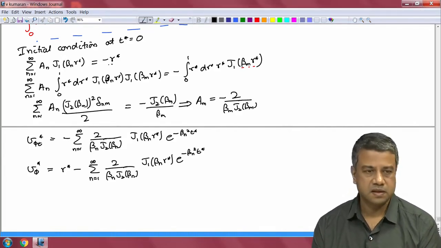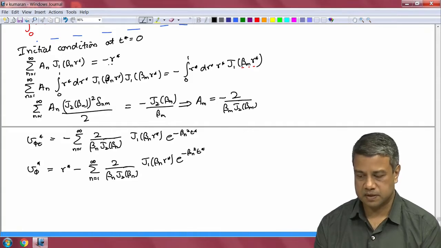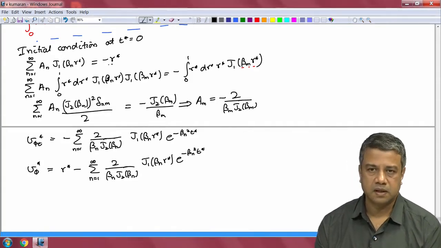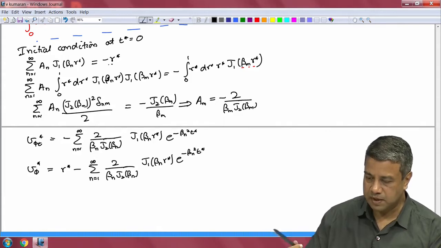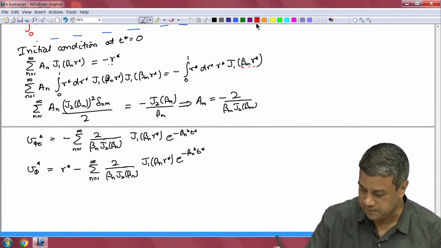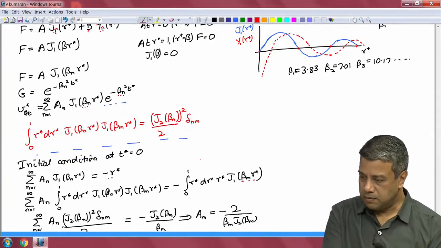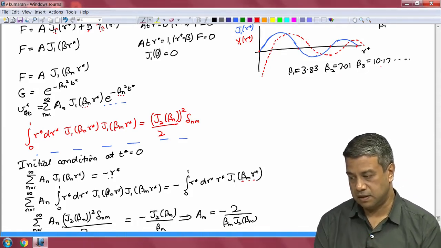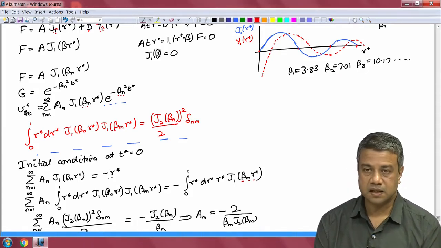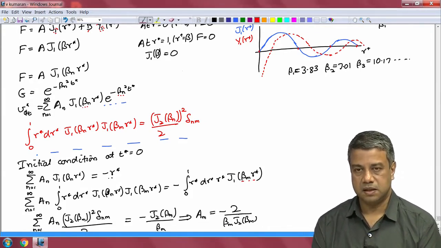Once again this is an infinite series, so strictly speaking it contains an infinite number of terms. However, you can truncate this at a finite number of terms if the time t is sufficiently large, because you can see that beta 1 is 3, beta 2 is 7, beta 3 is 10. The argument in the exponent is minus beta n square times t.